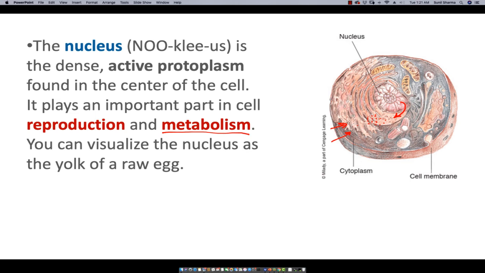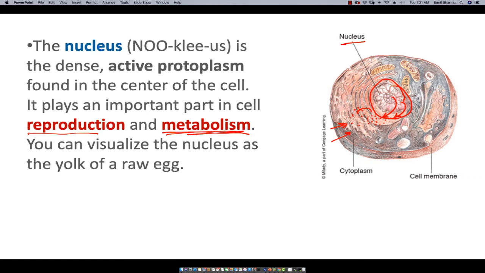Those complex ones are broken down into little particles and then reconstructed. How are they reconstructed, or what are they reconstructed into? That information comes from the DNA, and where does DNA reside? It's in the nucleus. And so that's where these two words, reproduction and metabolism, are part of that.